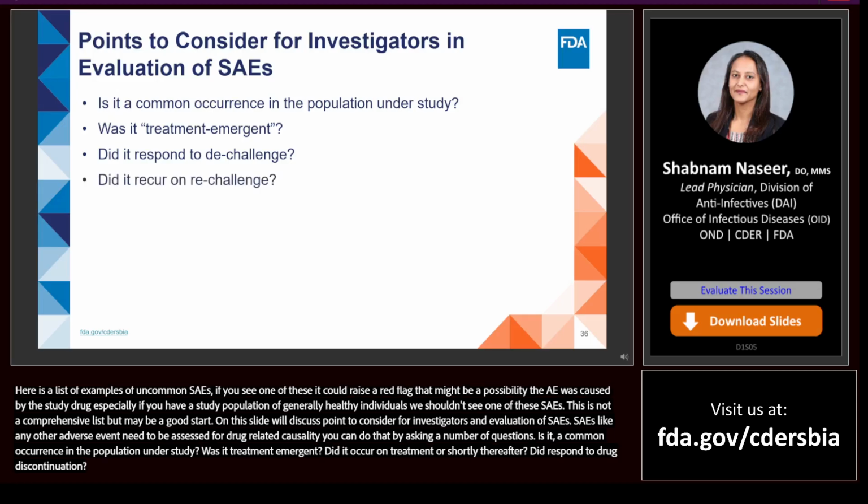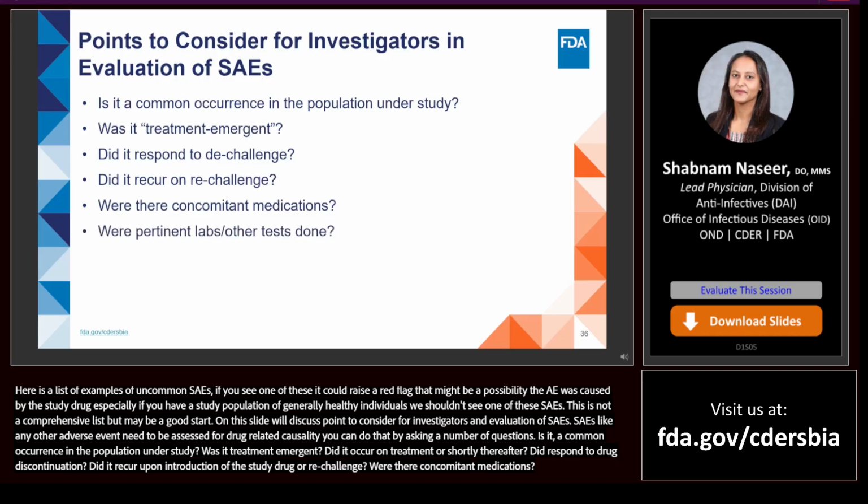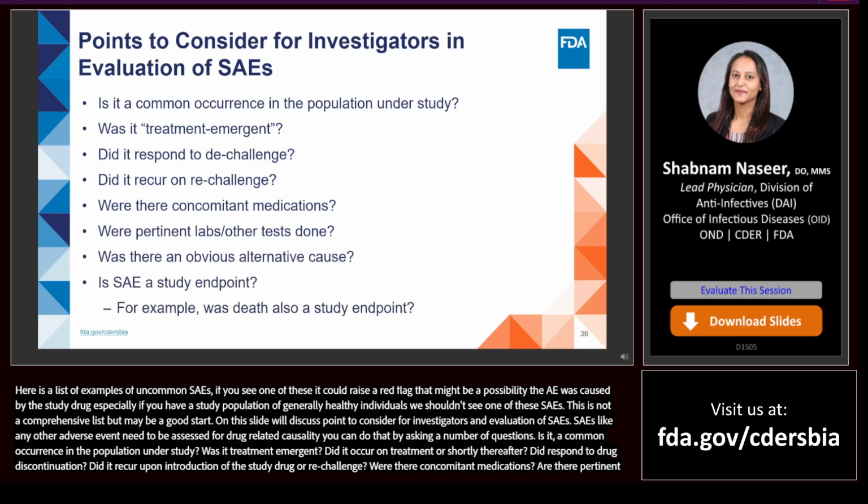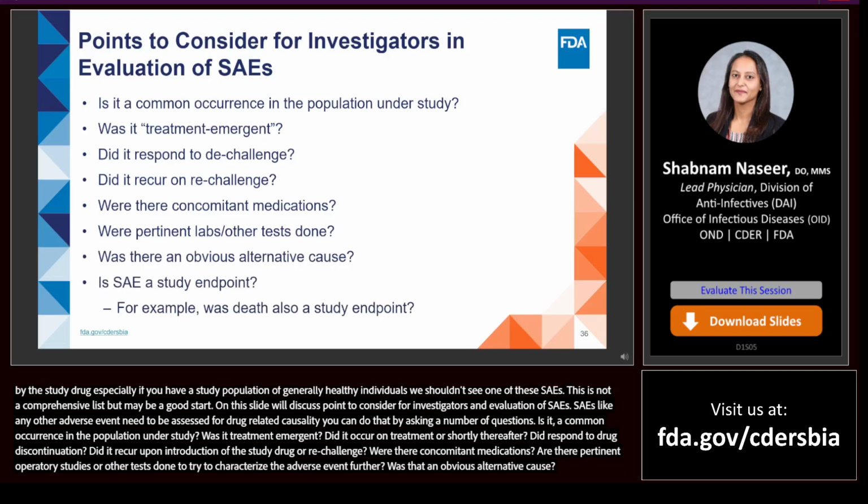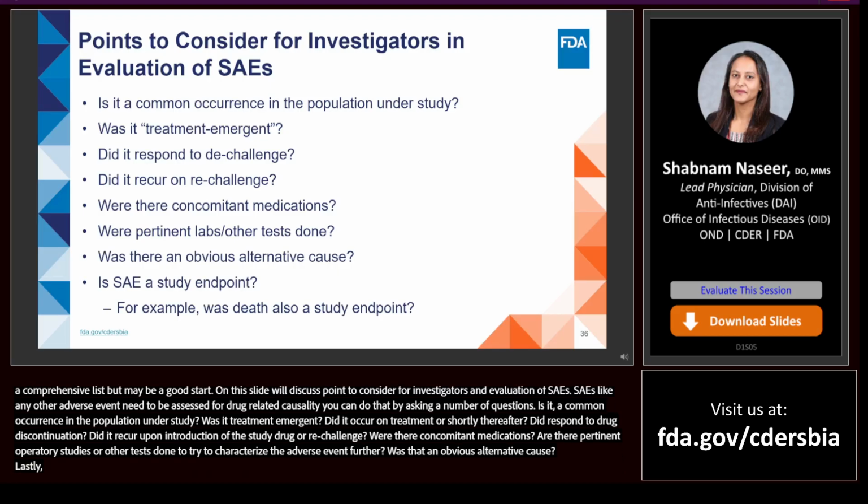Did it reoccur upon introduction of the study drug or re-challenge? Were there concomitant medications? Were there any pertinent laboratory studies or other tests done to try to characterize the adverse event further? Was there an obvious alternative cause? And lastly, but not least, was the SAE a study endpoint? For example, if death occurred, was that also a study endpoint?